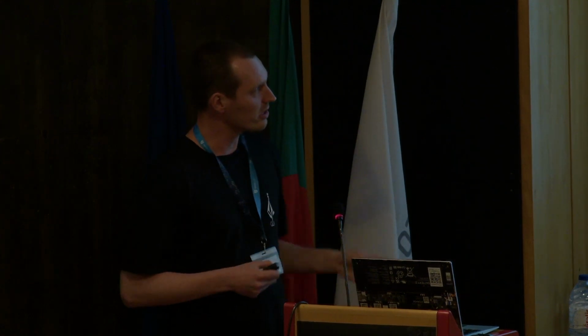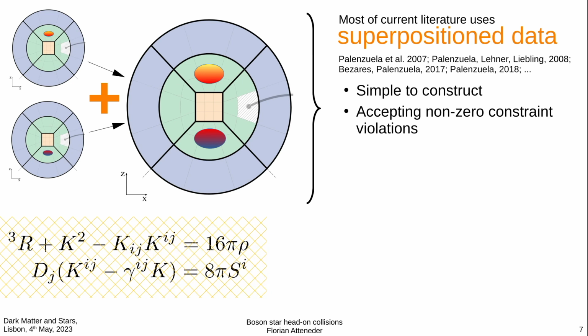But if you take a look at the boson star literature, what has been done to this day is that most people have kind of ignored these constraint equations for a moment and instead just put a plus sign, meaning you just linearly combine your isolated star models and take that as an approximate solution to your constraint equations and then go from there.